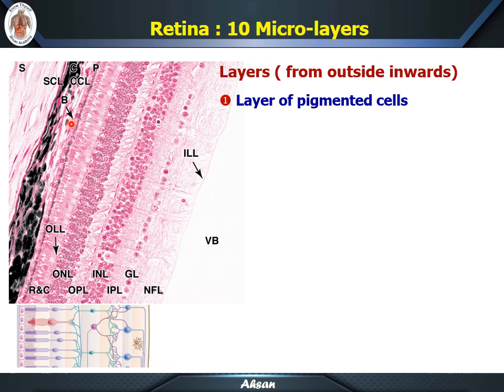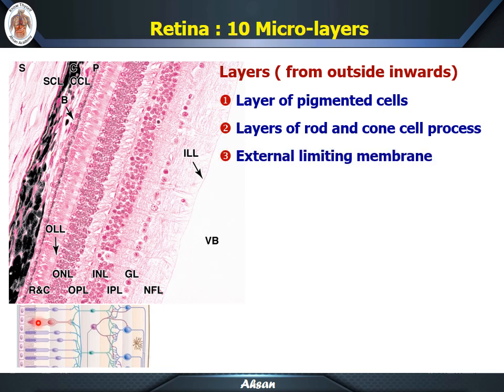The second layer is the layer of rods and cones. You see this is pigmented cells, then these are the receptor cells, rod cells and cone cells. So the third layer is the limiting membrane. You can see this limiting membrane is there.